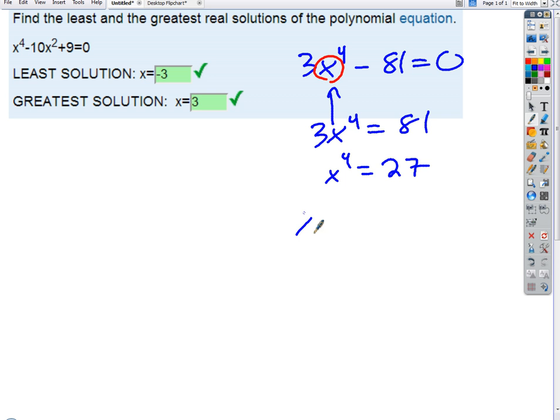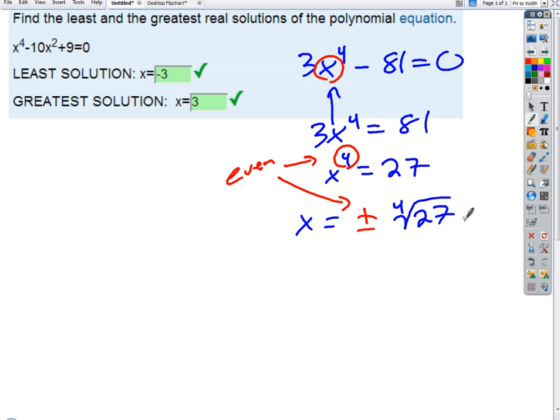Then x equals a 4th root, but what do I have to remember if it's an even root? Plus or minus. So I'd get plus or minus the 4th root of 27, which my calculator just gives me. Those become very simple problems.